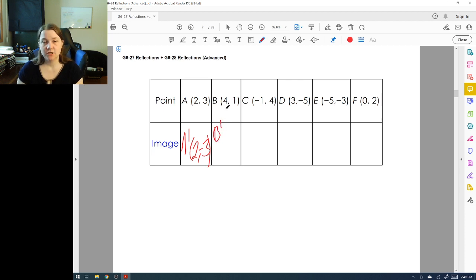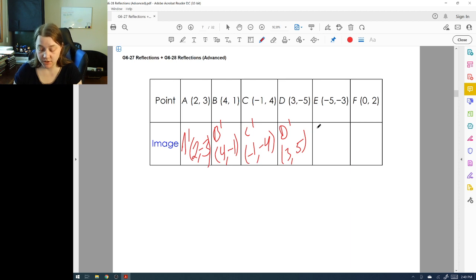B dash, which in math we say is prime, B prime, would be 4, -1. C prime would be -1, -4. Do you see how in all of these, I'm not changing the sign of the first number, I'm changing the sign of the second number.